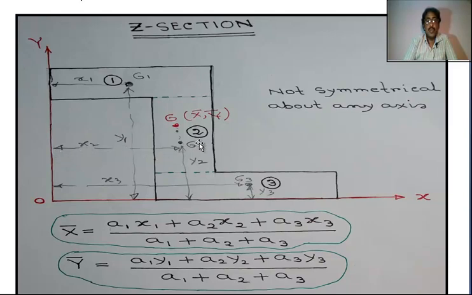G2 distance from y-axis is x2. G2 distance from x-axis is y2. This is the area A3. G3 is the centroid. G3 distance from y-axis is x3. G3 distance from x-axis is y3.